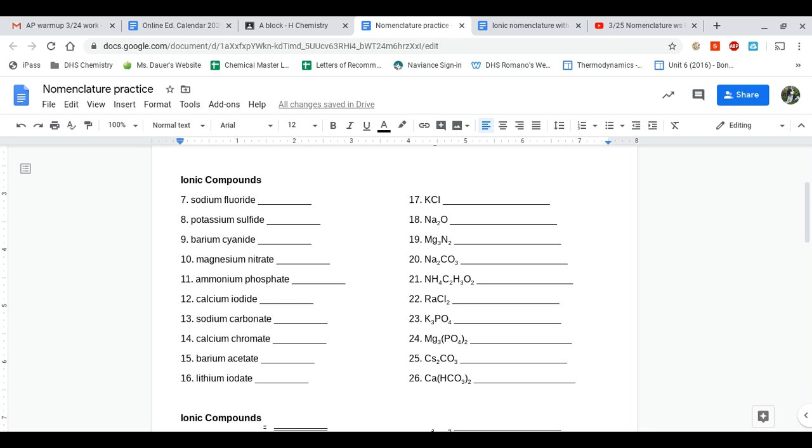Phosphate should give you a hint, though. So that ATE ending, that is a polyatomic ion ending. So phosphate, that is PO4 3 minus. So you should look at that ATE ending and say, that's a polyatomic ion. If you had something different, let's say a different example, ammonium phosphide, an IDE ending, then it would not be the polyatomic ion, it would just be the element.